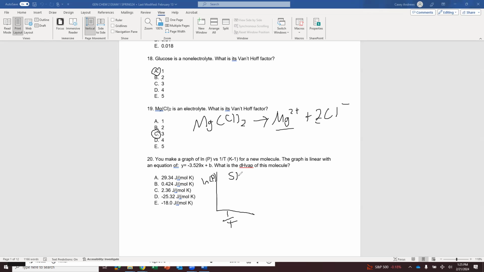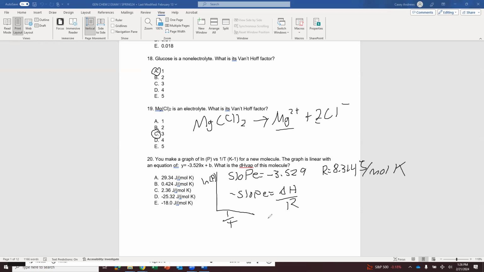So our slope equals negative 3.529. Remember, our equation was negative slope equals delta H divided by R. R equals 8.314 joules per mole Kelvin.